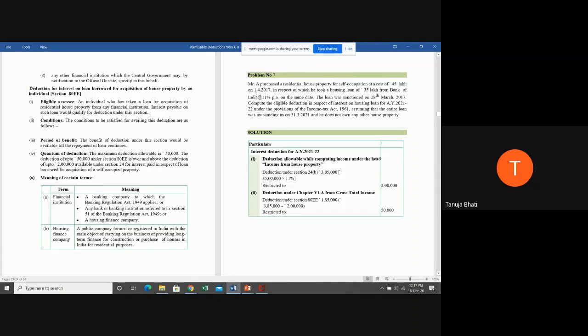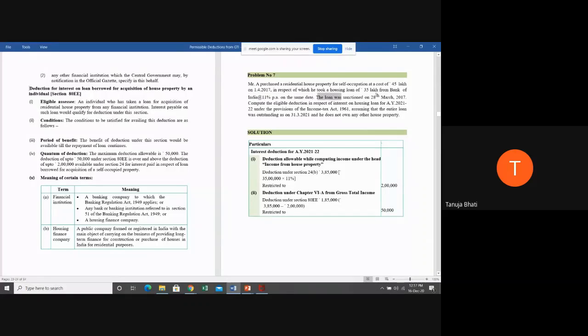Next, let us see a sum on this. Mr. A purchased a residential house property for self-occupation at a cost of 45 lakhs on 1/4/2017, in respect of which he took a loan of 35 lakhs from Bank of India at 11% per annum on the same date.